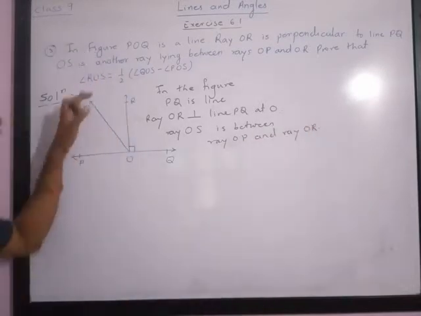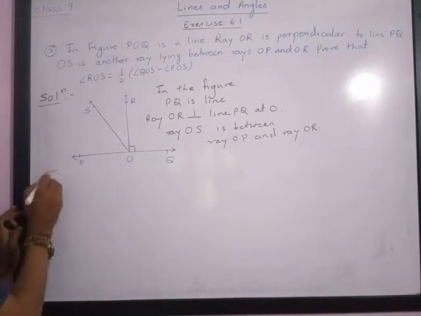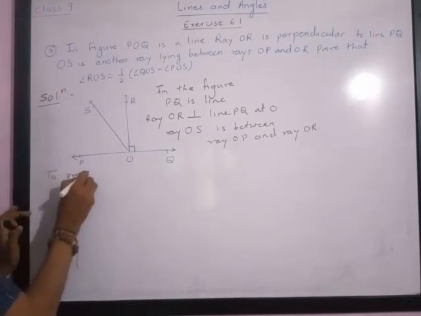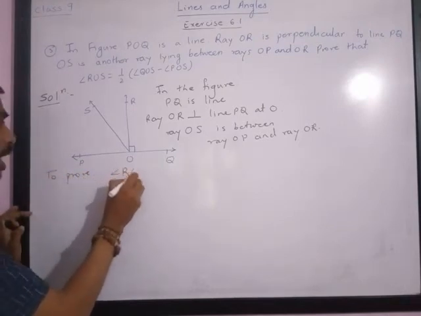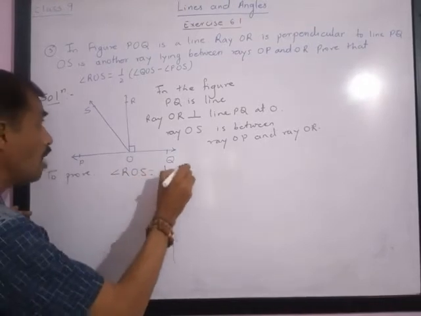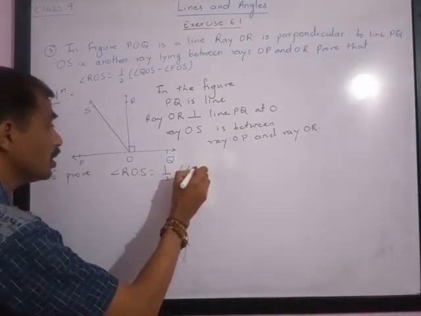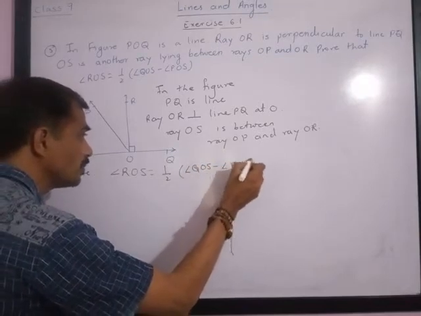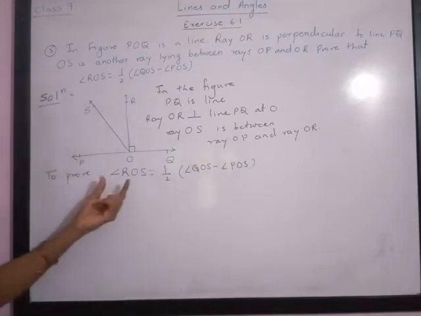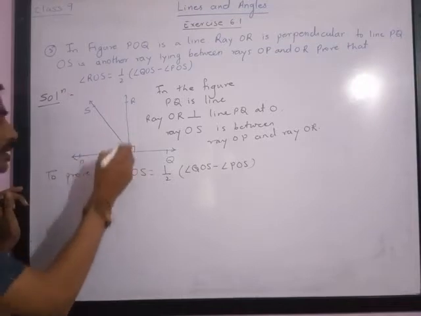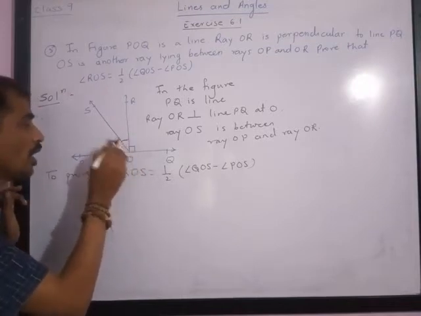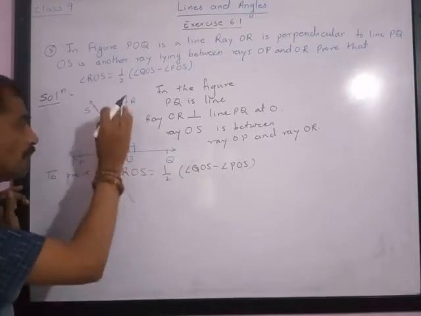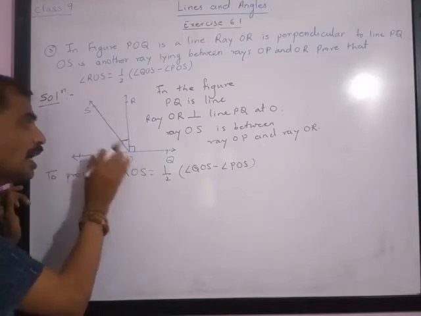Now we are asked to prove angle ROS is equal to half of angle QOS minus angle POS. Now see, if you look at the question, you won't get this directly.